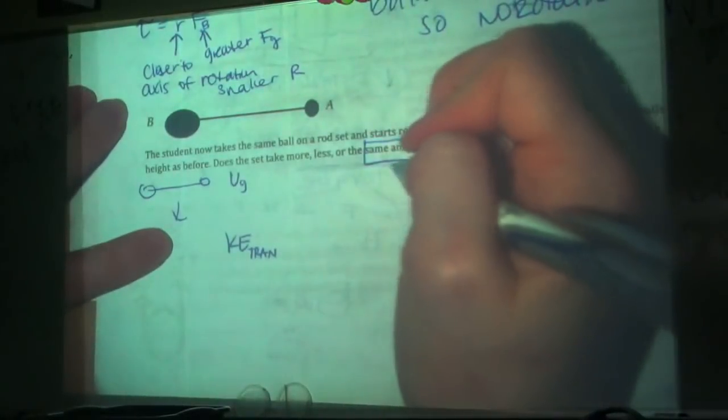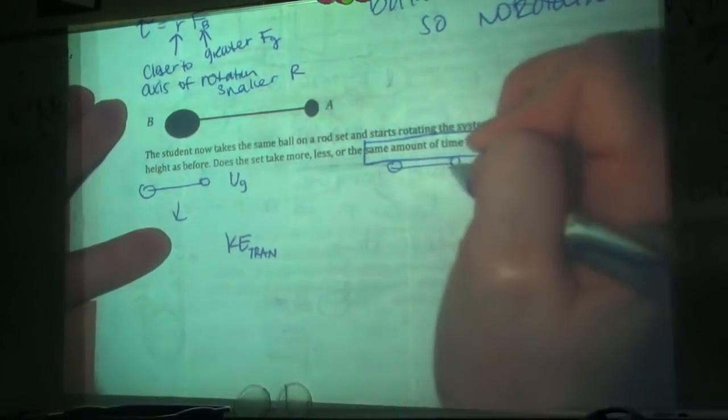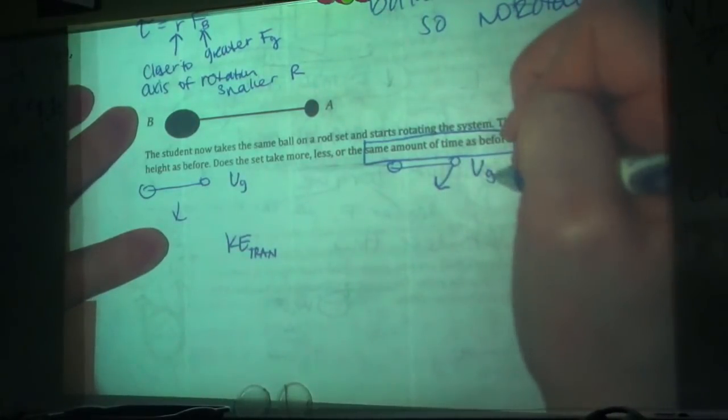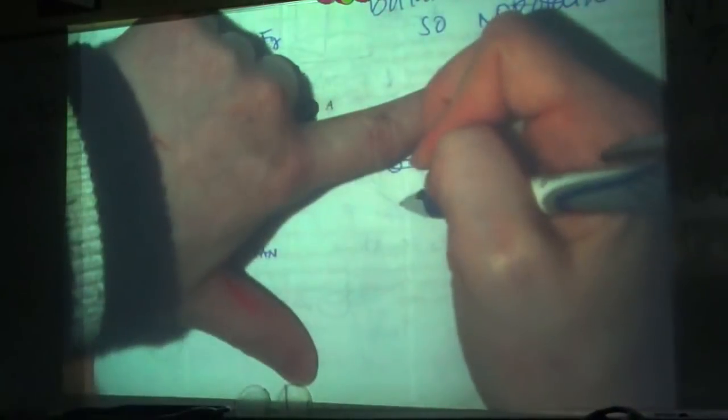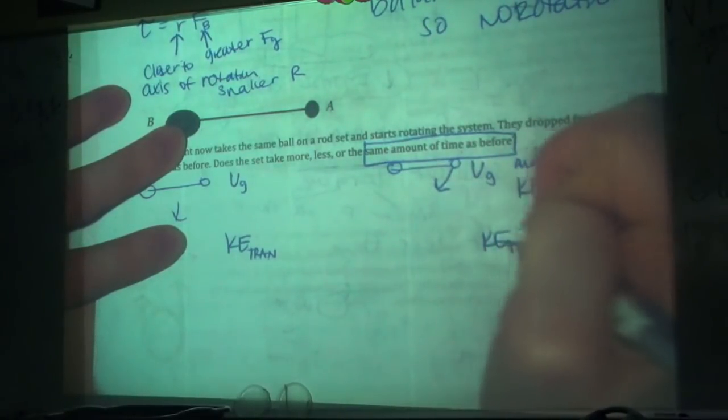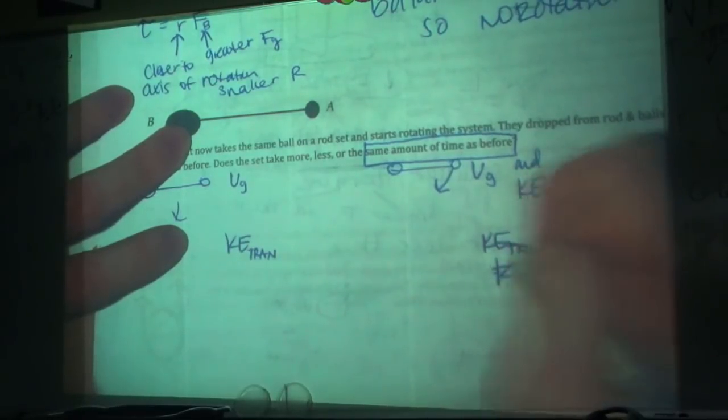It's not rotating. What I've changed here is I'm dropping it from the same height, but I already have a rotation. So I'm starting not just with gravitational, I'm also starting with rotational kinetic energy, right? That was there when I dropped it. So at the bottom, yes, I do have both. It is rotating and it is getting faster as it falls down.